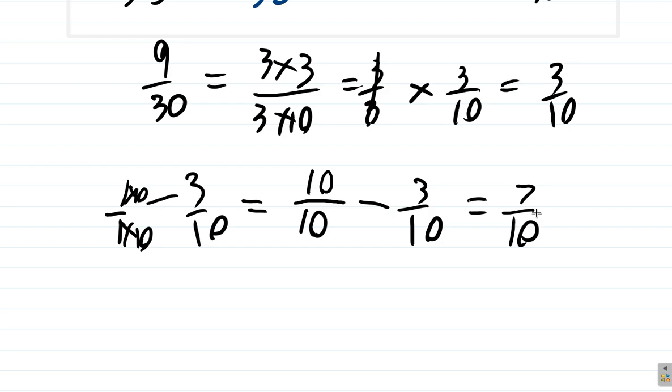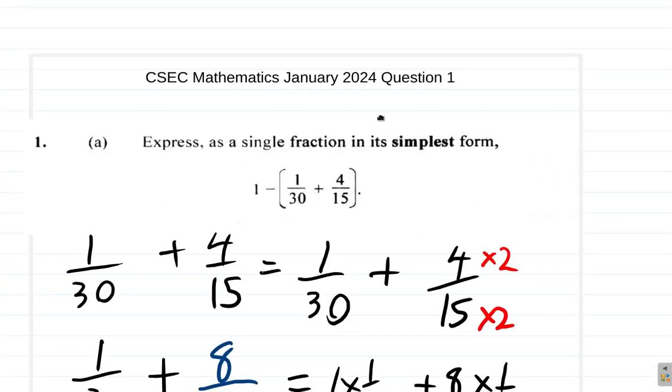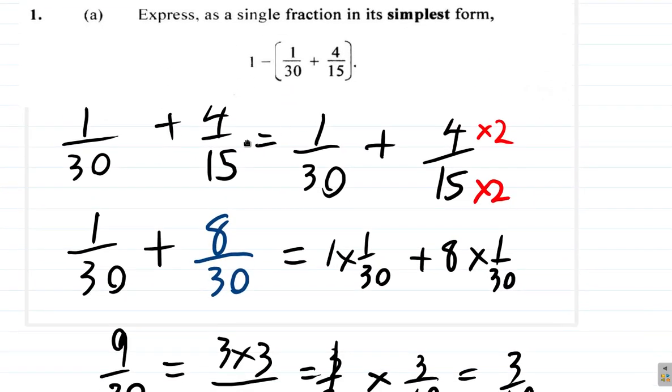So it all boils down to, in this case, 7/10. Now, let's just quickly review. Here, 1/30 plus 4/15. That's the same as 1/30 plus 8/30.